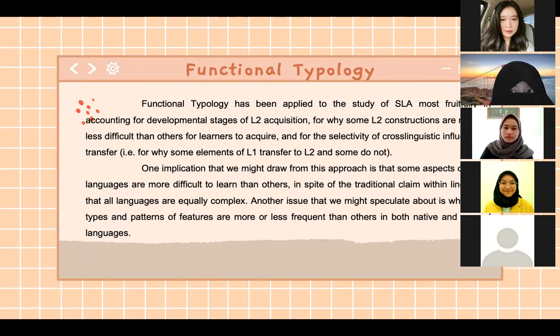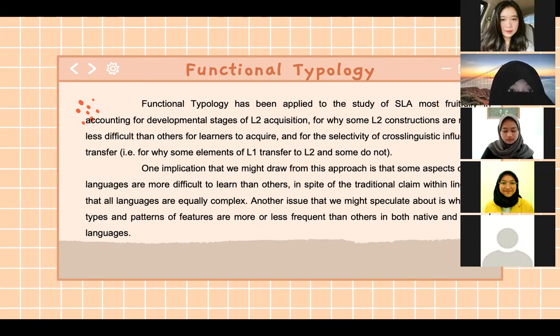Functional typology has been applied to the study of SLA, most fruitfully in accounting for developmental stages of second language acquisition, for why some second language constructions are more or less difficult than others for learners to acquire, and for the selectivity of cross-linguistic influence or transfer, that is for why some elements of first language transfer to second language and some do not.